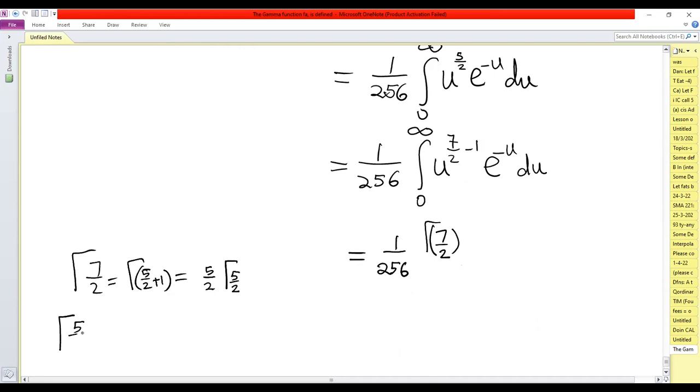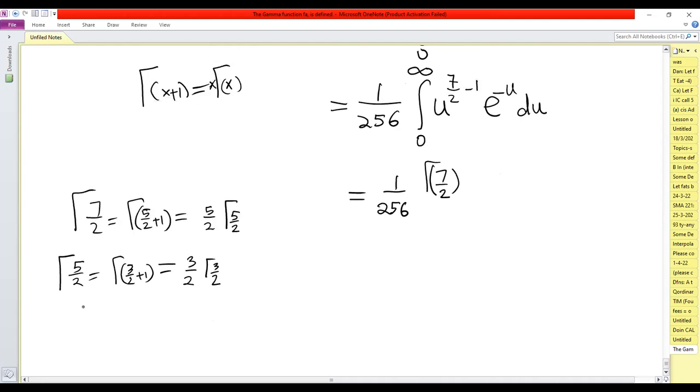Now, gamma of 5 over 2 is the same as gamma of 3 over 2 plus 1, which is 3 over 2 gamma of 3 over 2. Remember, I'm using the property gamma of x plus 1 equals x times gamma of x here.